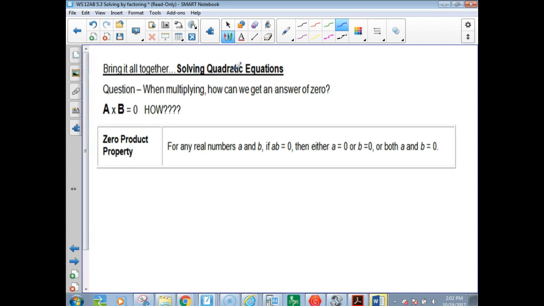Bringing it all together. To solve a quadratic equation, when you're multiplying, how can you get an answer of 0 when you're doing a times b? Well, one of them has to be 0 for that to happen. So here's the point. When we factor, we set it into a product of two things. We're going to set those factors to 0 and solve.